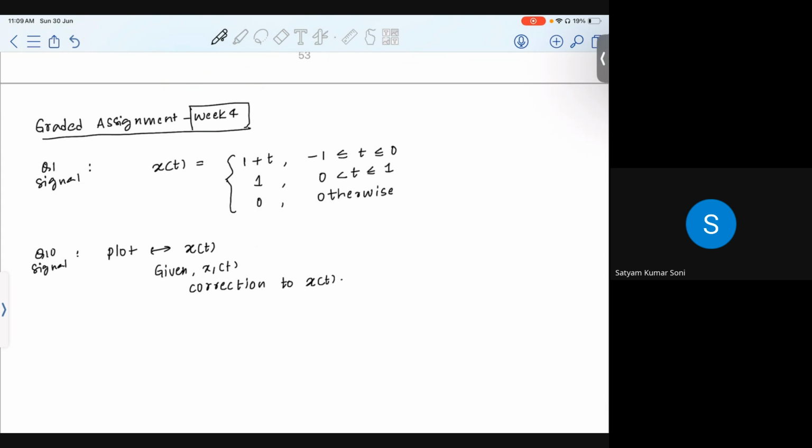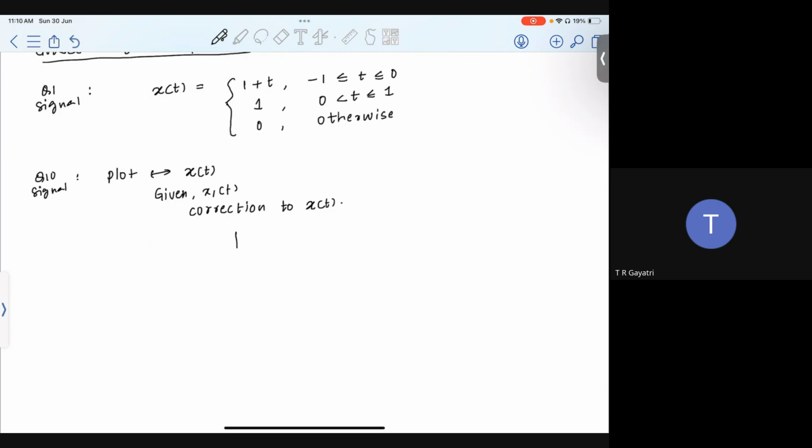Any other questions? Even in the graded assignment, last question, I'm assuming that the amplitude is 1, since it's not marked there. Which one? Graded assignment week 4, question 10, right? Yes. It is 2, right? Are you not able to see the marking? No, 2 is fine. On the opposite side, it is -1. Yes, the opposite side marking is -1. So let me plot the signal here.